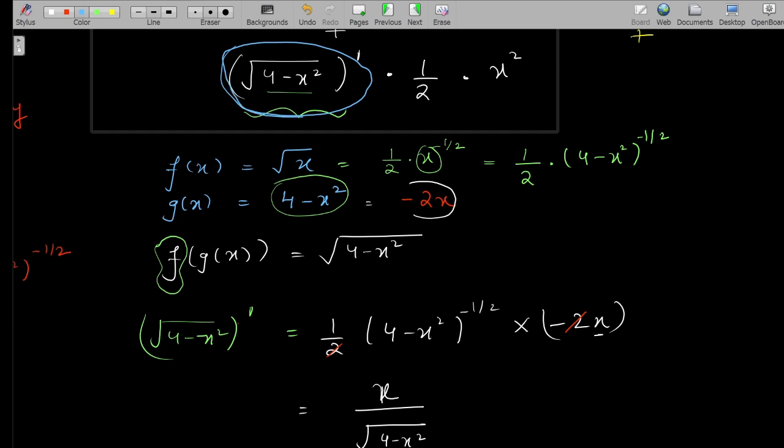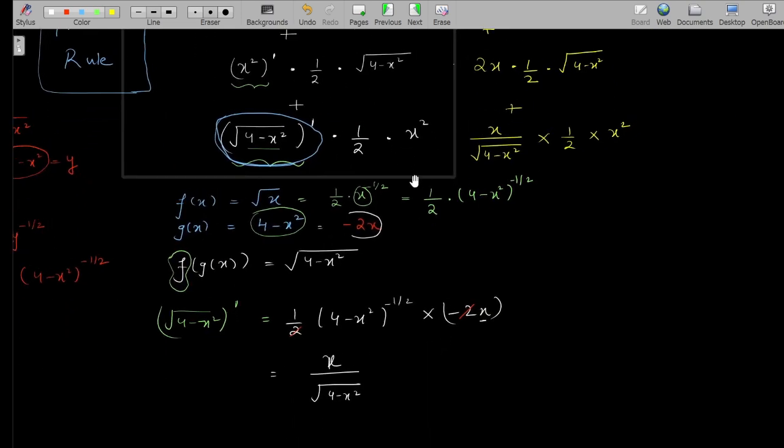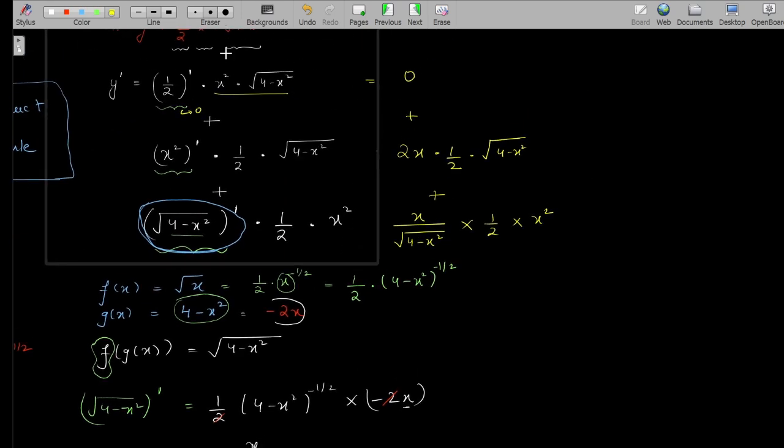So you multiply it by the remaining terms, so we are getting x over square root of 4 minus x square times 1/2 times x square. Is this one clear, Anika? And so your final answer will be, you add all of them, and you can do further simplification.